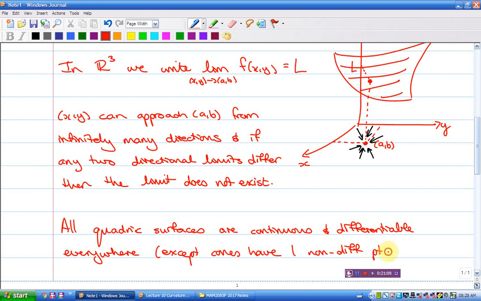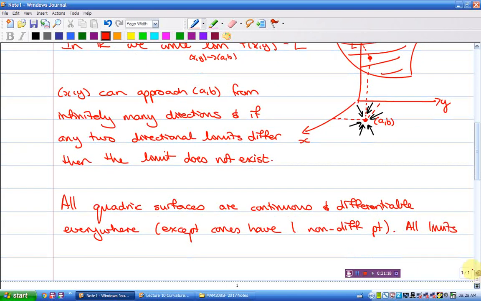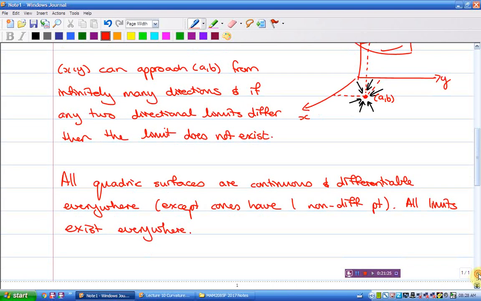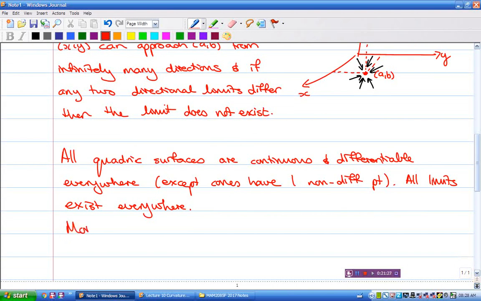But except for that one little caveat, they're continuous and differentiable everywhere. All limits exist everywhere. More complicated surfaces require some investigation. You have to be a mathematical detective.